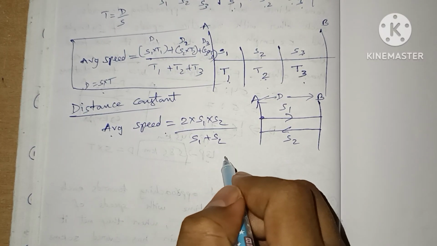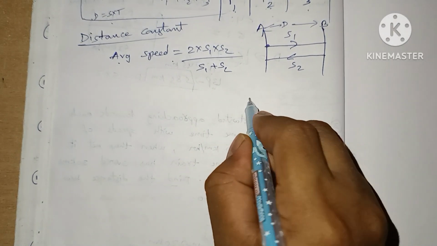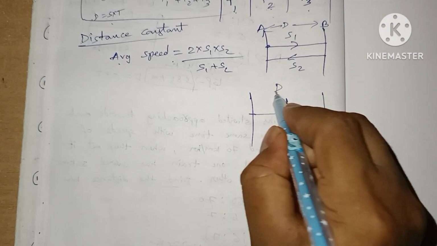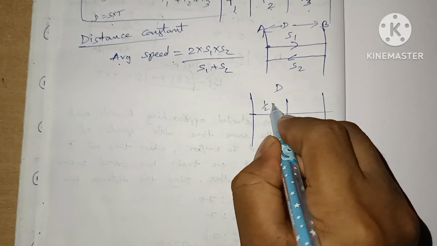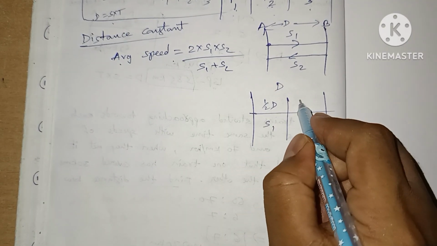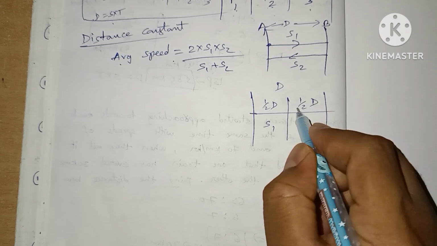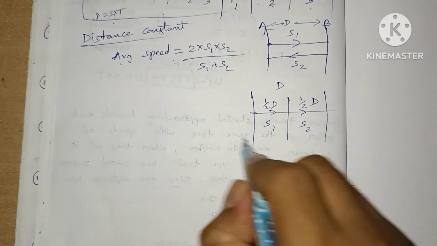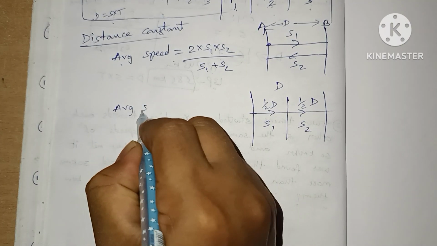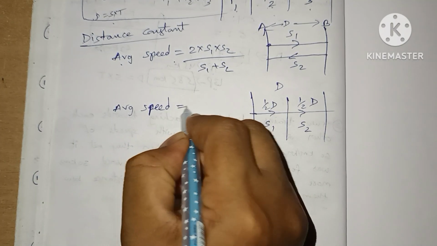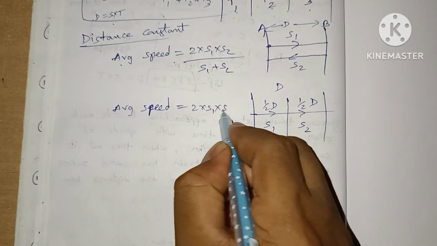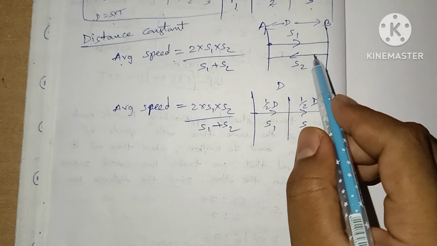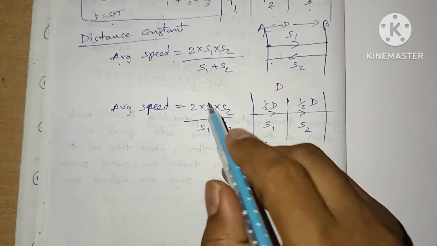This is the formula. One more case: a distance is given, first half distance is covered with a speed of S1, second half of the distance is covered with a speed of S2, then also the average speed equals 2 into S1 into S2 by S1 plus S2, same formula. So if we see a question like this or like this, the formula will be the same.